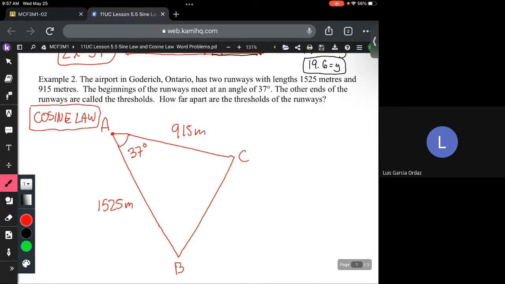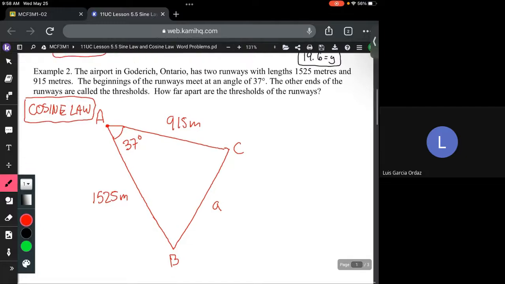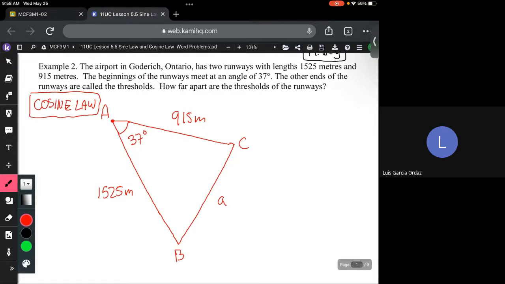Based off the angle we're given, what side are we technically solving for? Side A. So if you look at the three different cosine equations, what is my formula to solve for side A? A squared is equal to what?